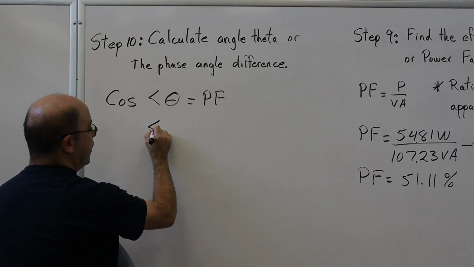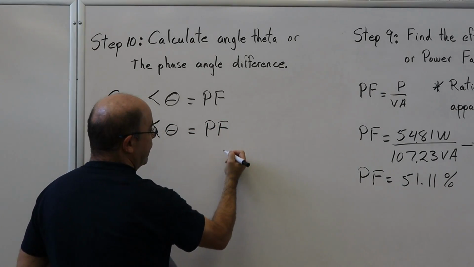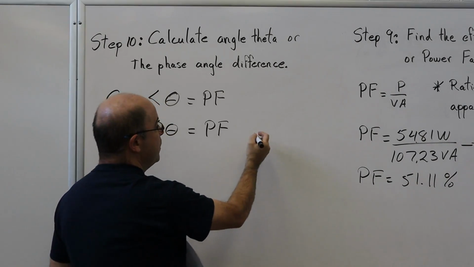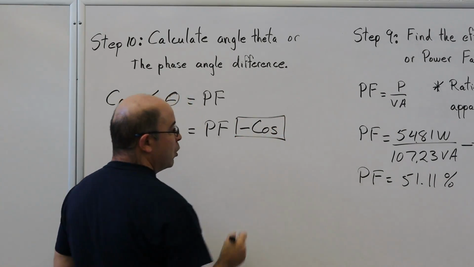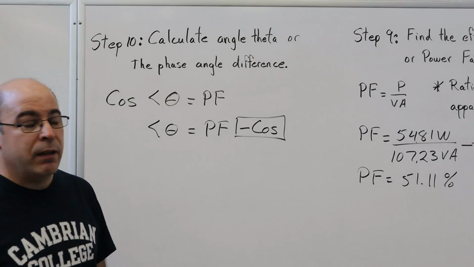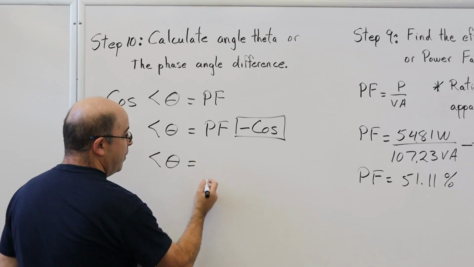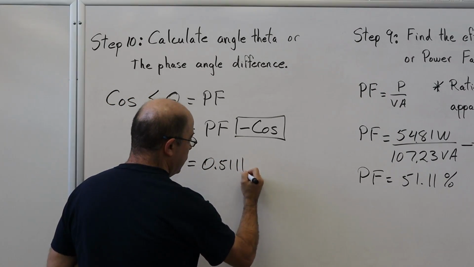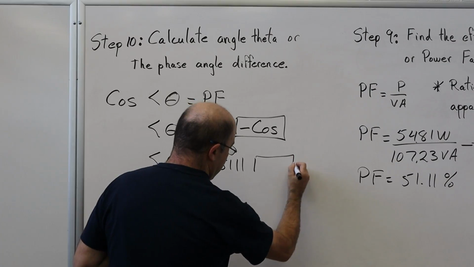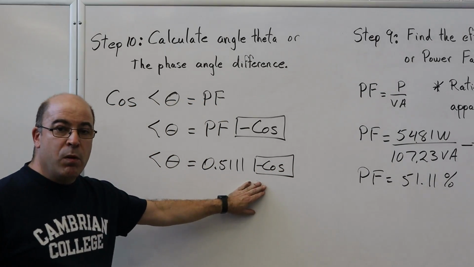So angle theta is actually equal to the inverse cosine function in our calculator. So it becomes a simple matter of using 0.5111 and punching in the inverse cosine.